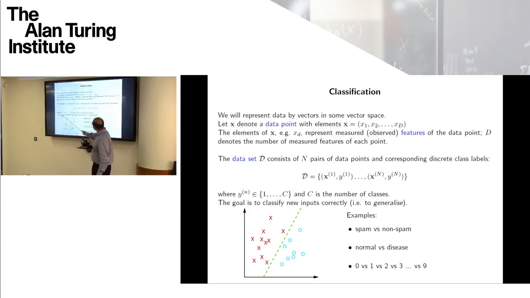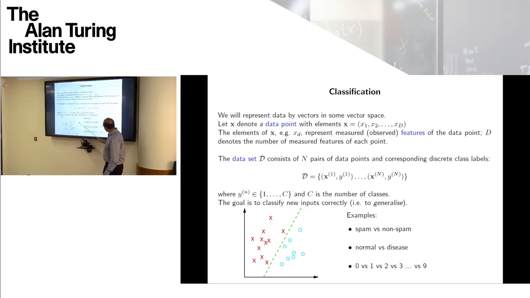In classification, we assume that the label is one of C classes. For example, we might have images of objects and 1,000 different categories of objects, so y would be some discrete label from 1 through 1,000. Our goal is to classify new inputs correctly, in other words, to generalize. We're not just trying to memorize our training data, we're trying to learn something from it so that we generalize well to new data.